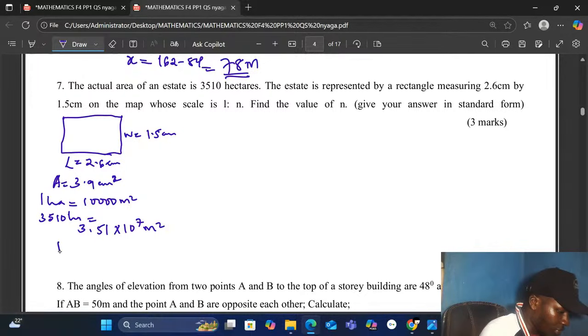So we know that 1 square meter is equal to 10,000 square centimeters.